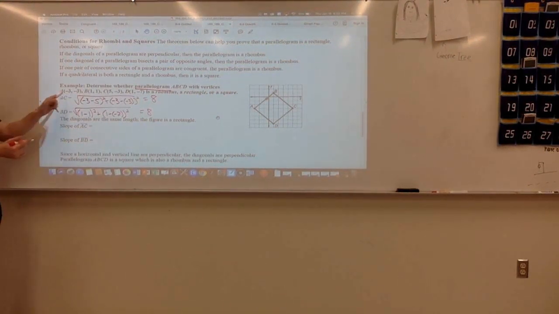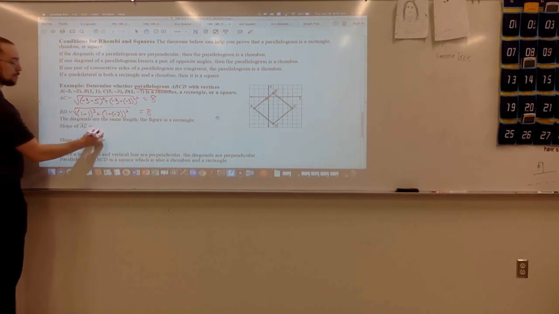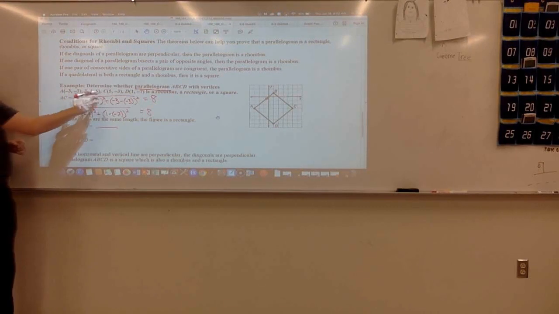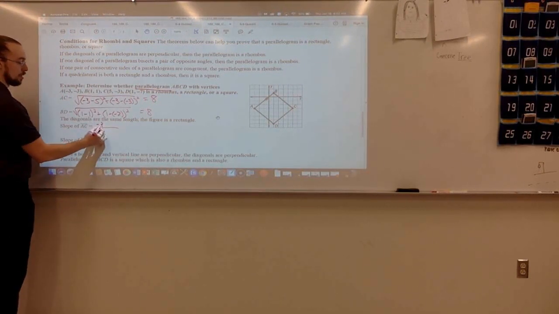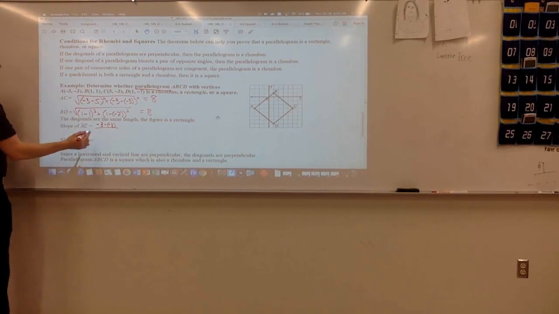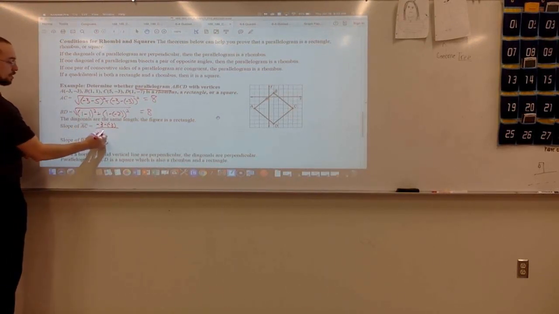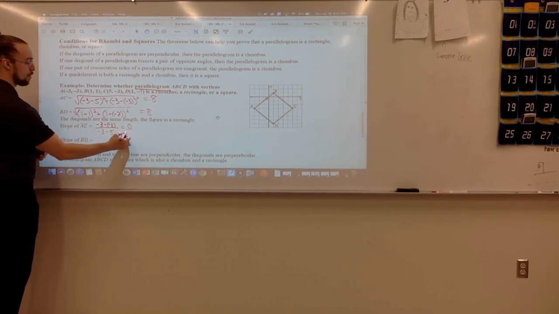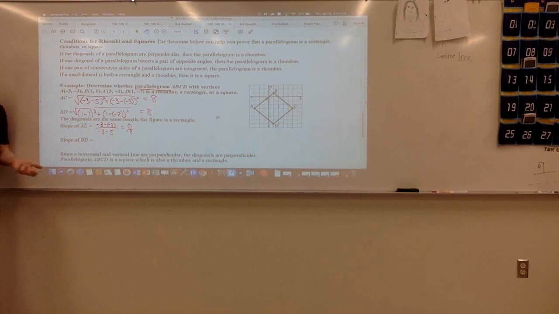So the slope of AC, right, remember slope is y2 minus y1 over x2 minus x1. So y2 minus y1, negative 3 minus negative 3 over negative 3 minus 5. So we get 0 over negative 8, or just 0.